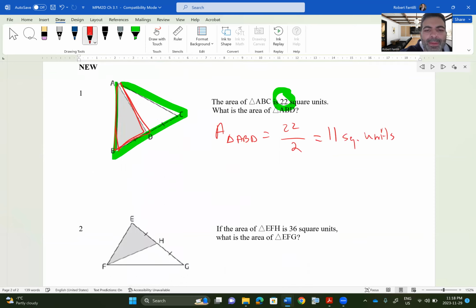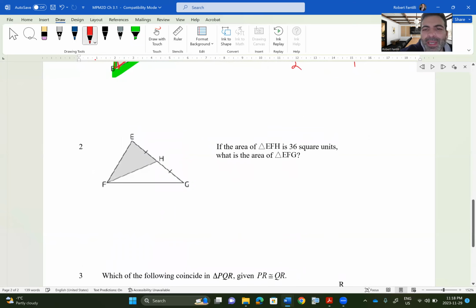And then likewise, if the area of EFH, just the shaded triangle, is 36 square units, then what is the area of EFG, which is the entire triangle that I'll outline in red here? So the area of triangle EFG, notice they're writing it in alphabetical order, is equal to 36 square units, but times 2. So which is 72 square units.